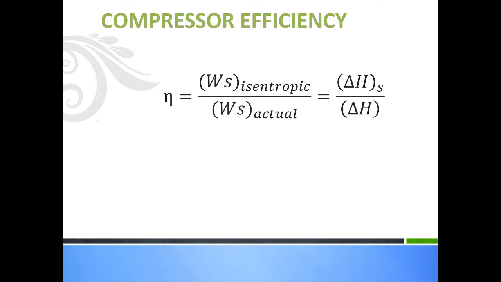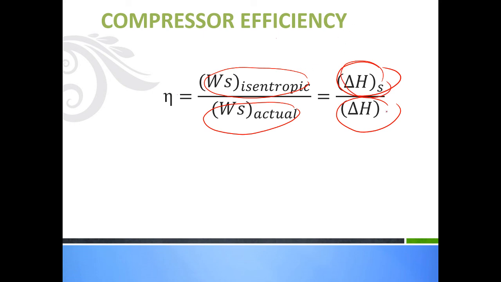And when we calculate for the efficiency, diba pag nagka-calculate tayo ng efficiency, yung smaller value lagi yung nasa numerator. Kasi yung efficiency natin is less than 1. So, ano ba yung smaller between the two for compressor? Diba smaller yung isentropic delta HS compared sa delta H actual. Smaller yung isentropic work compared sa actual work. Yan. This is for compressor.